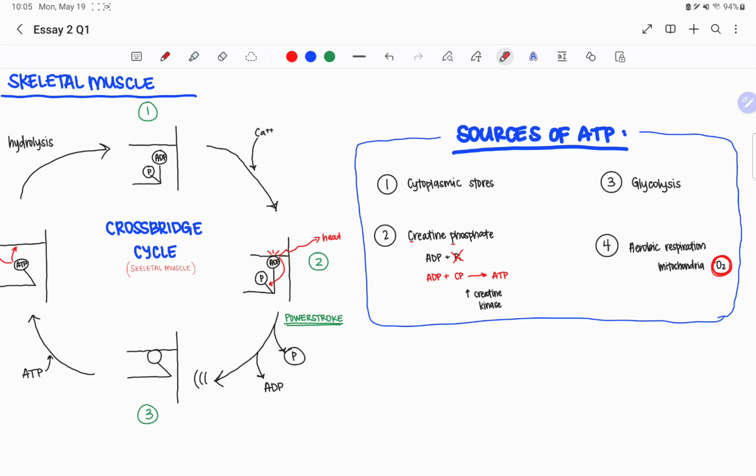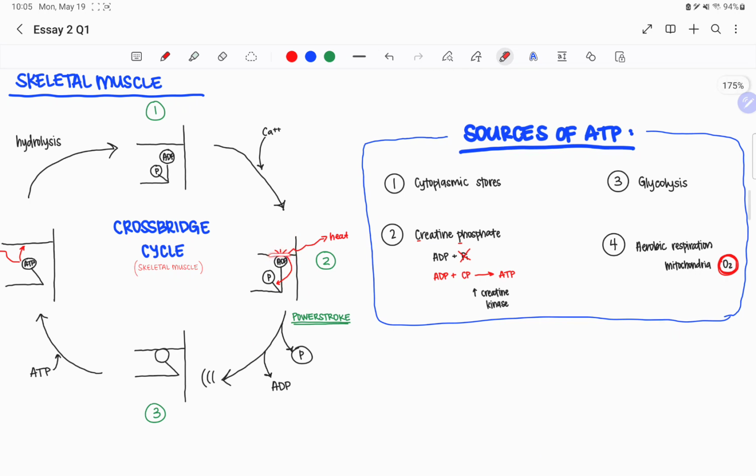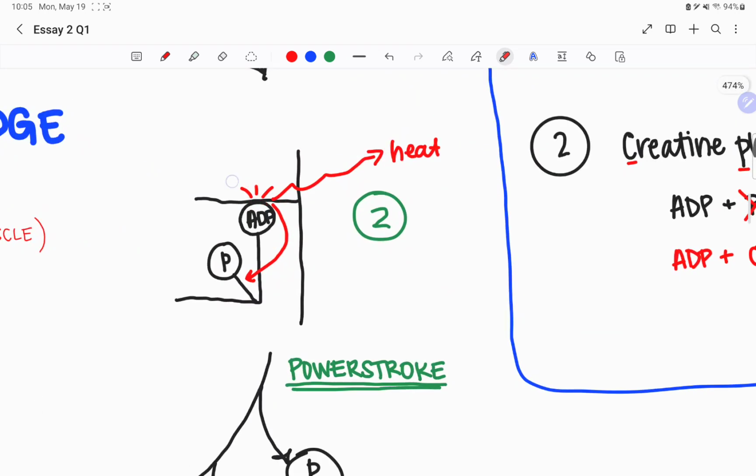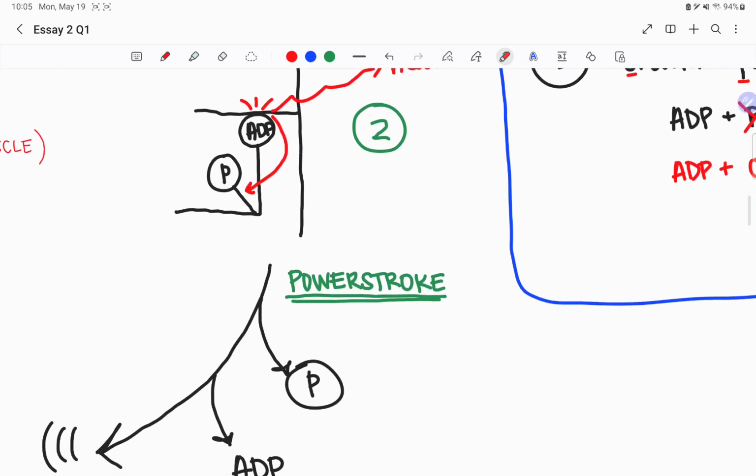Okay, so when that happens, when tropomyosin has been moved out of the way because calcium bound to troponin and caused a shift, myosin now binds with the actin here, and when we form a bond, we release heat, and we also release enough energy to break this bond with a phosphate.